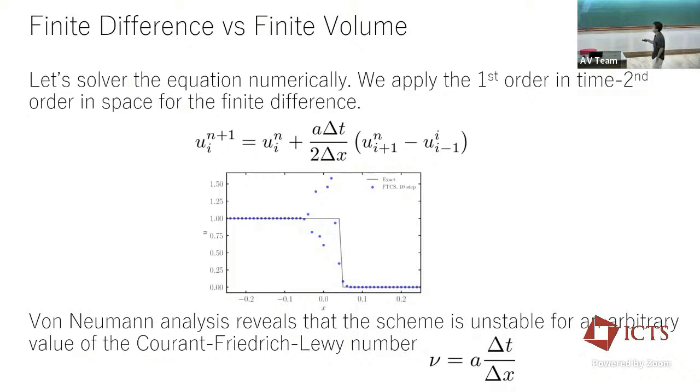To satisfy the stability condition, this Courant-Friedrichs-Lewy number, the CFL number, should satisfy a certain condition. However, by doing the von Neumann analysis, you can easily prove that this scheme is unstable for an arbitrary value of the CFL number, which means that you can't do the simulation with this scheme.